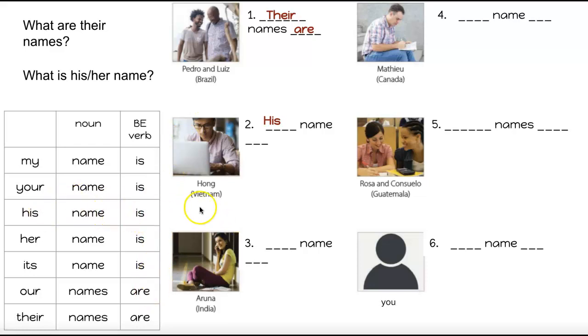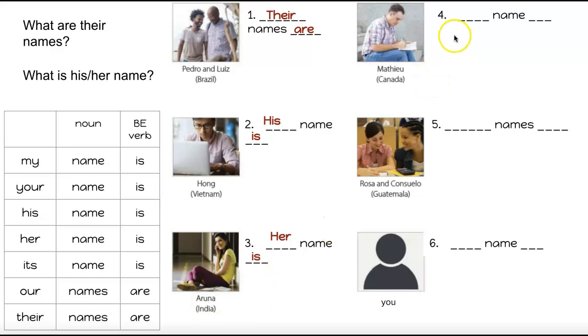His name is Hong. Number 3, what about this woman? Which possessive adjective do we need? Her. Her name is or are? Is. Aruna. Her name is Aruna.